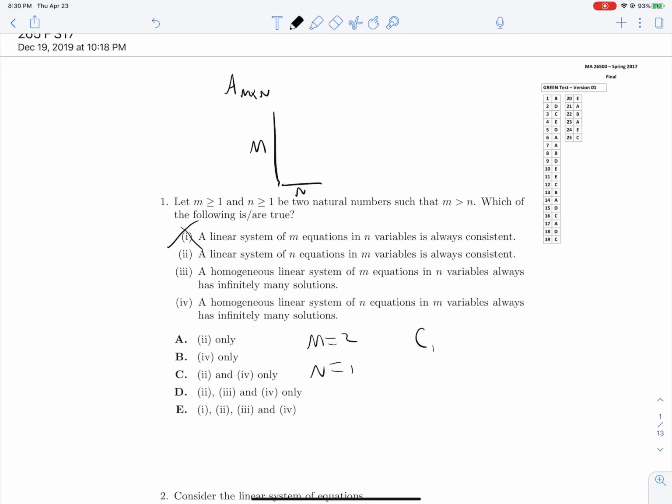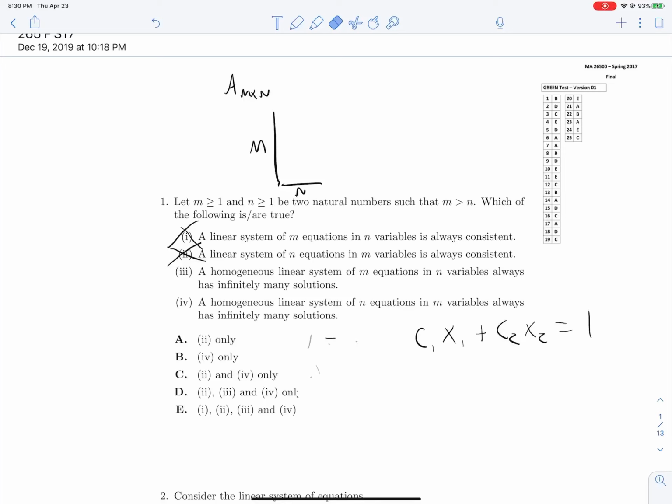Really, there should have been some constants outside of it, because if we write one equation using two variables, c1 x1 plus c2 x2 is equal to 1, and both c1 and c2 are equal to 0, then we have 0x1 plus 0x2 is equal to 1. That's a valid single equation in two variables, but it's not consistent because we have 0 equals 1. So that is also not true.